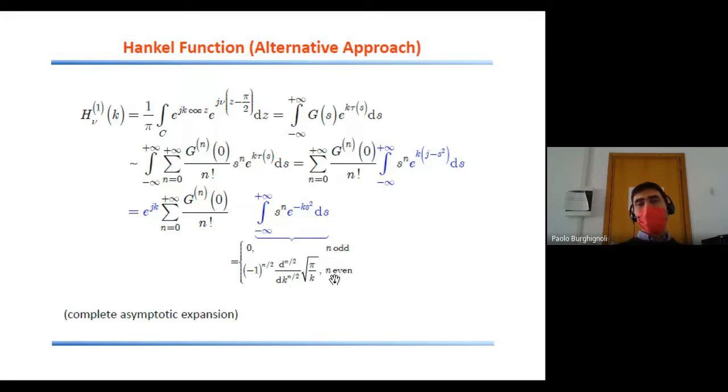Whereas if n is even, they can be evaluated in terms of the function square root of pi over k, which is the dominant term that occurs when n is equal to 0, by successively differentiating this term. So introducing monomials inside the integral is equivalent to differentiating the result of the integral. If you perform those differentiations, you will find all the next powers of k in the complete asymptotic expansion of the Hankel function.